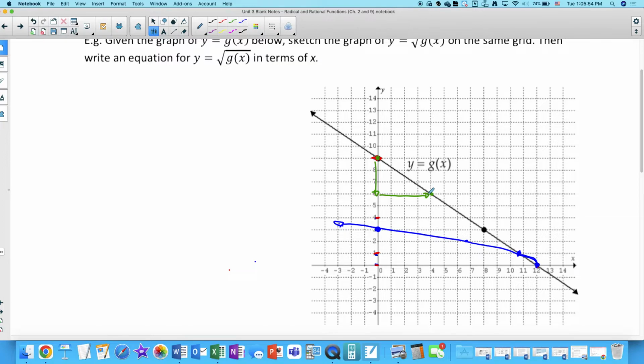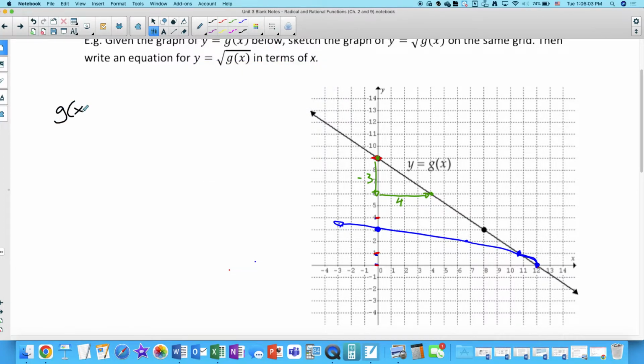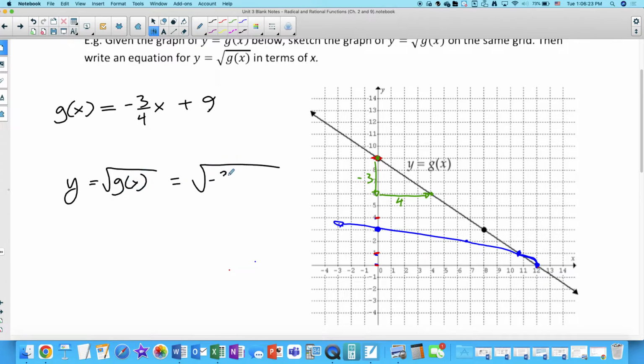So it looks like g of x is y equals mx plus b. So negative 3 over 4x and then plus 9. Okay? So our radical function will be the square root of negative 3 over 4x plus 9.